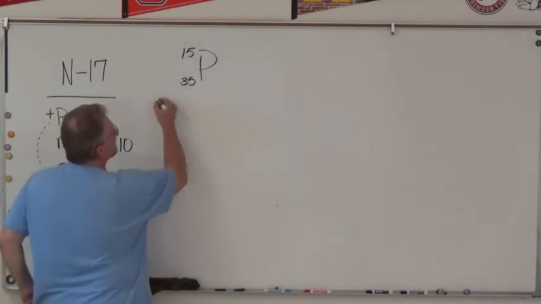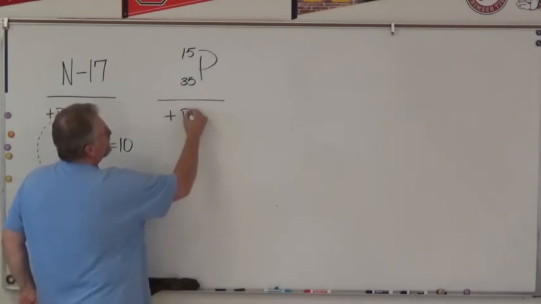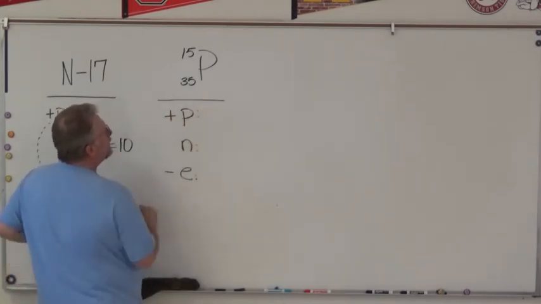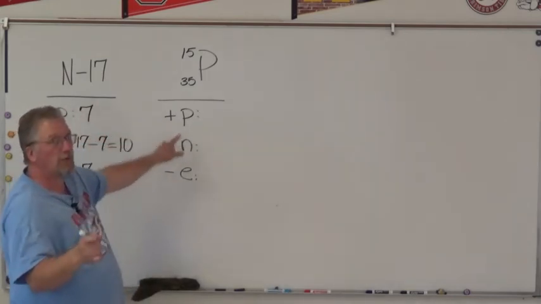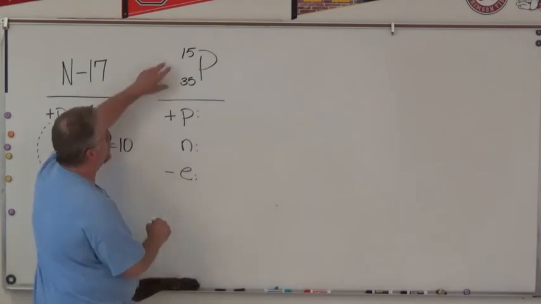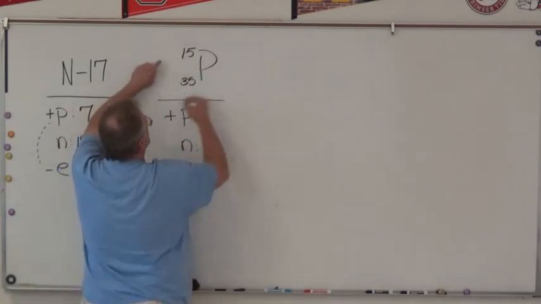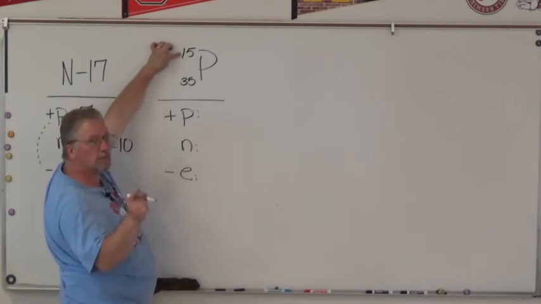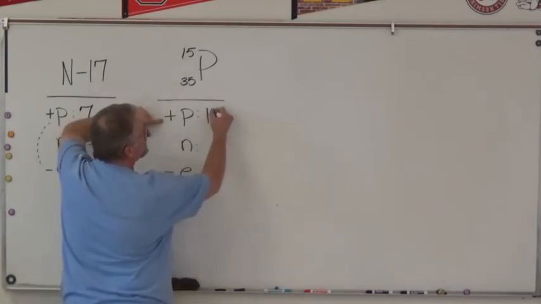So let's do this. We want to be able to do the proton, neutron, and electron. Number of protons. Remember, the number of protons is always the smaller number, no matter where it's at. They can put the 15 anywhere they want. Doesn't make any difference. The small number is always the number of protons. So the proton is 15 right here.